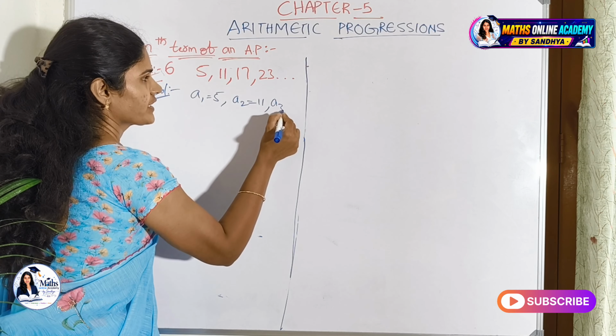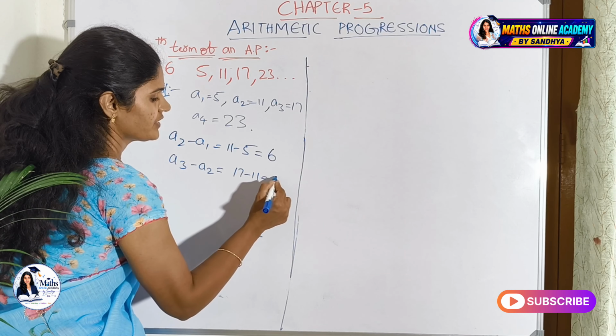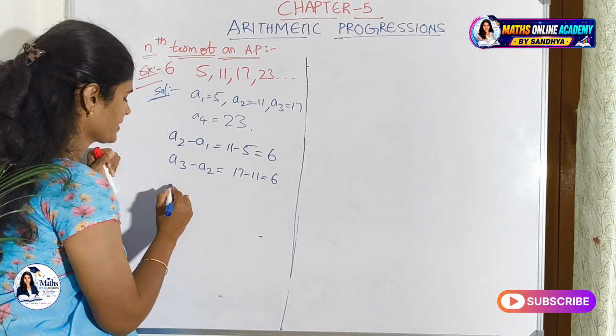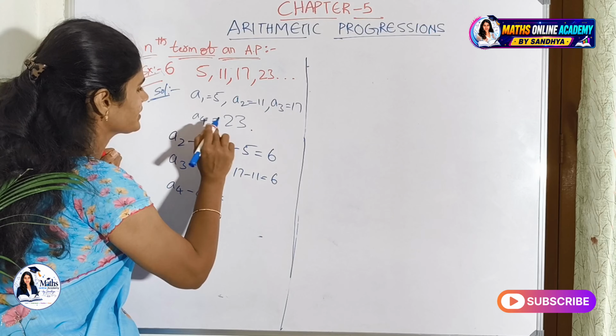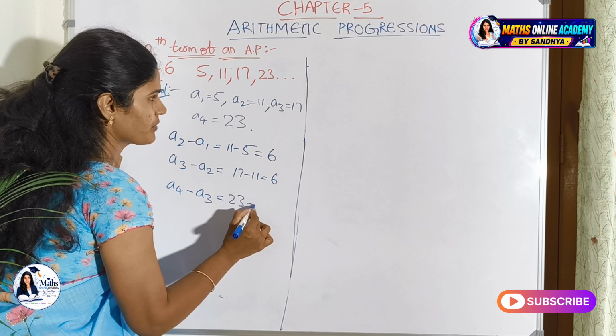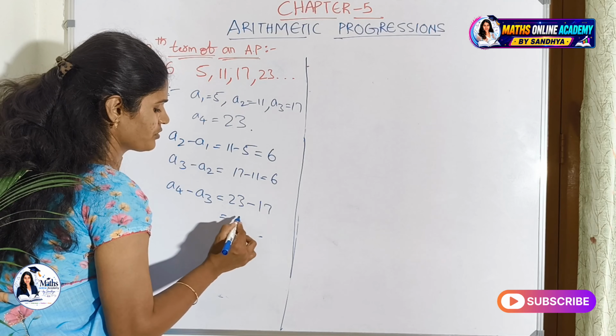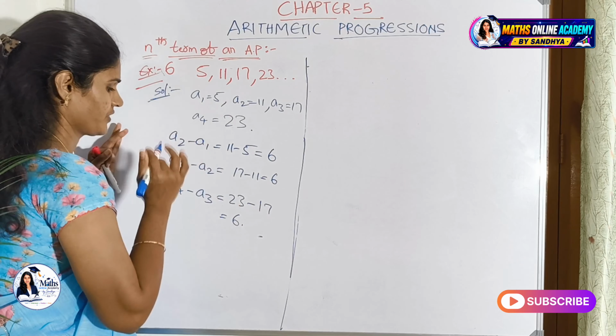A2 minus A1 equal to 11 minus 5, which is 6. And A3 minus A2: A3 is 17, 17 minus 11 is 6. And A4 minus A3 means 23 minus 17, so 6.